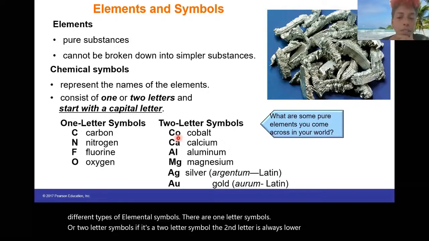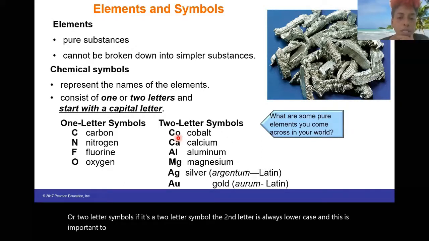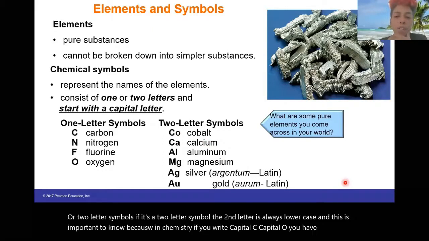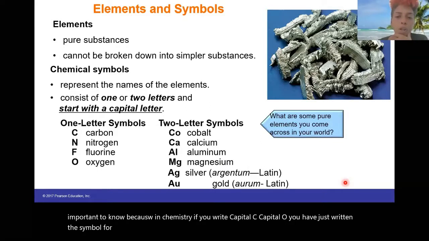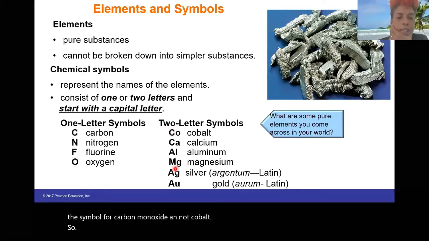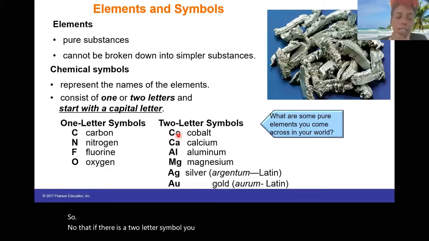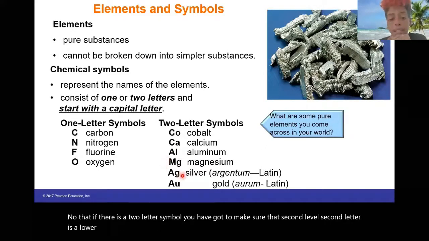And this is important to know because in chemistry, if you write capital C, capital O, you have just written the symbol for carbon monoxide and not cobalt, okay? Know that if there is a two-letter symbol, you have got to make sure that that second letter is a lowercase.